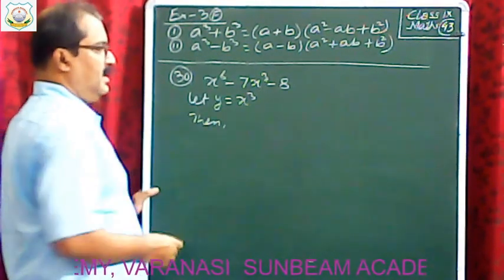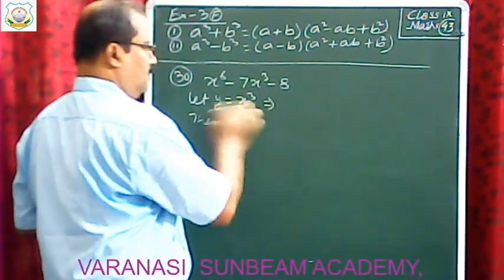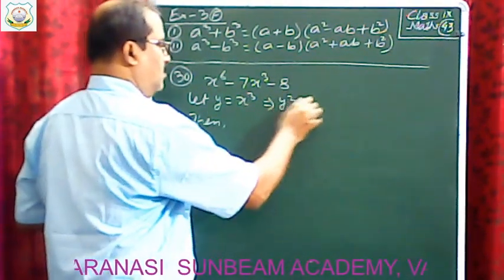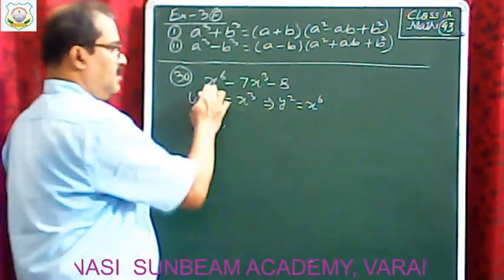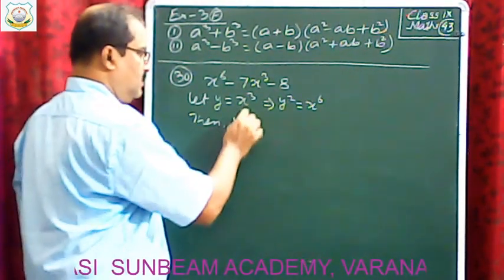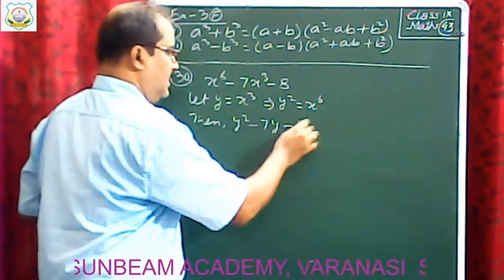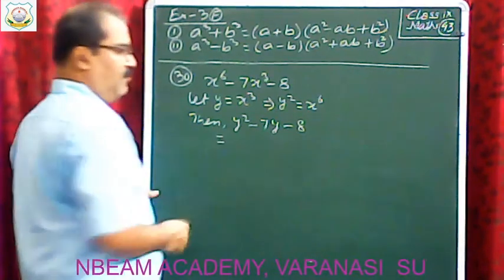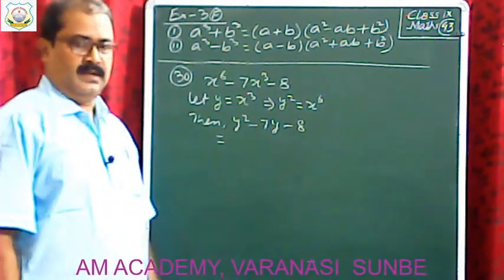In place of x to the power 6, what you have to write? Squaring both the sides, y square equal to x to the power 6. In place of x to the power 6, we write y square, minus 7x cube means minus 7y, minus 8. Now you have to factorize. Now we get a quadratic trinomial.